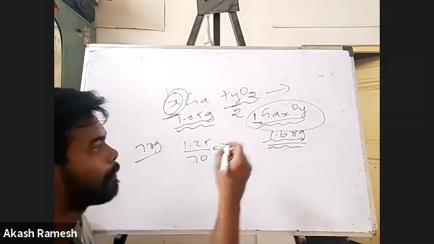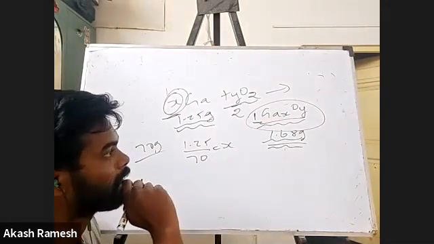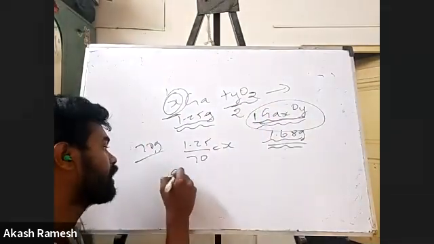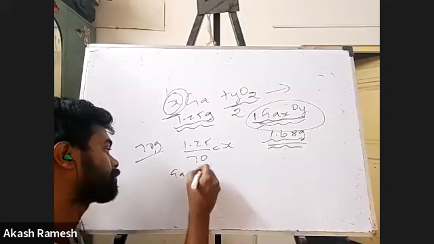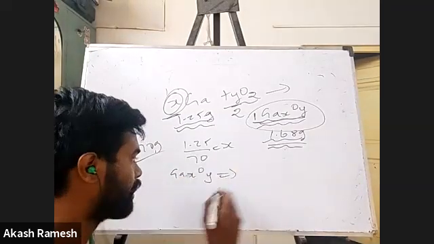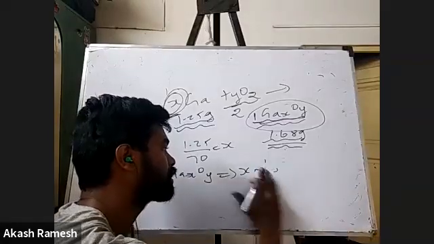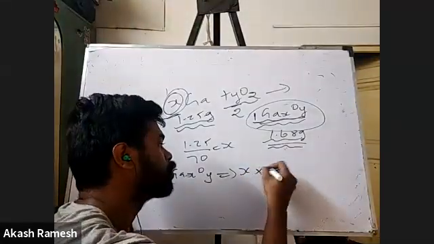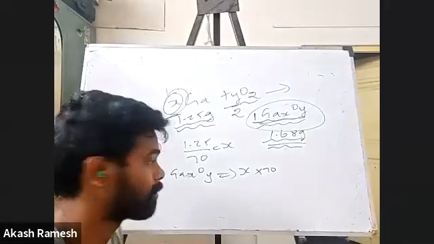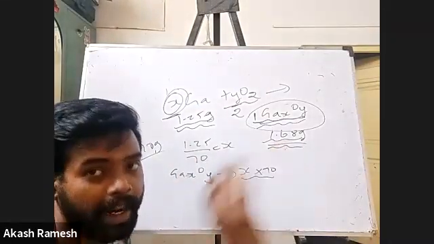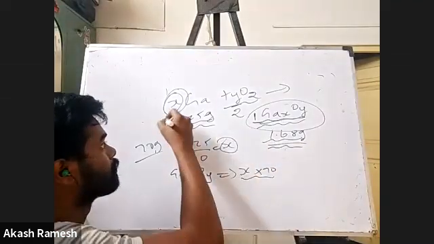See, GaXOY. Now I can say that X into 70 grams is the mass of gallium reacting, because I know it is X moles.